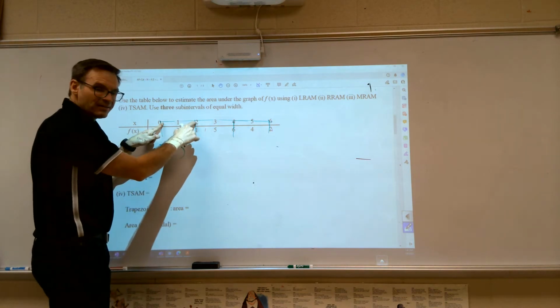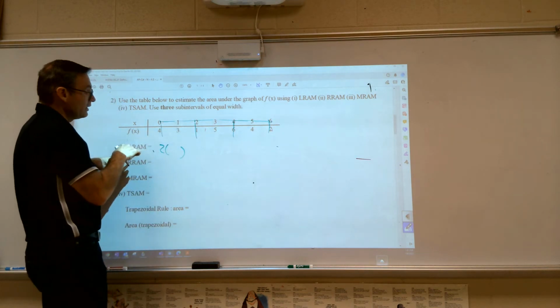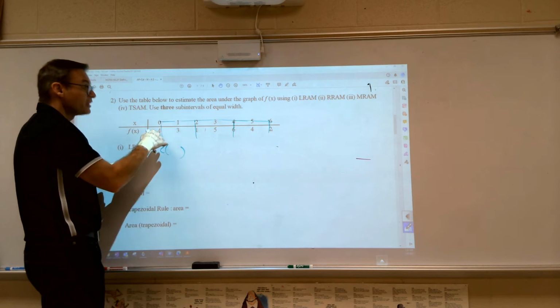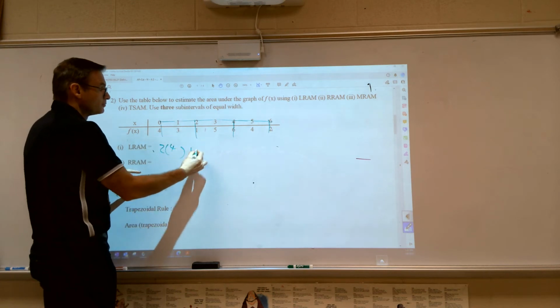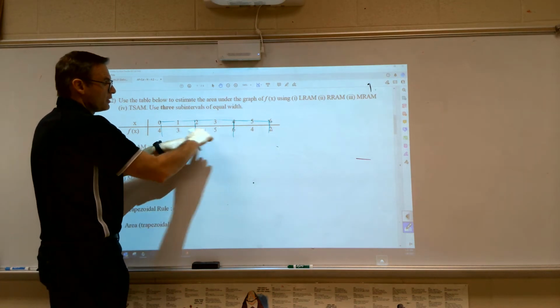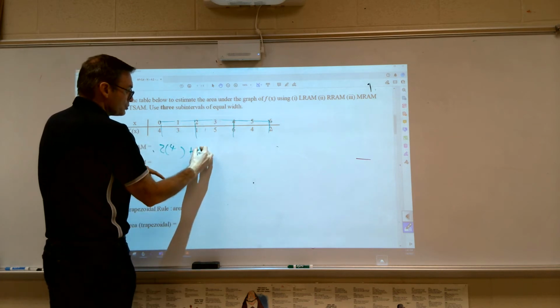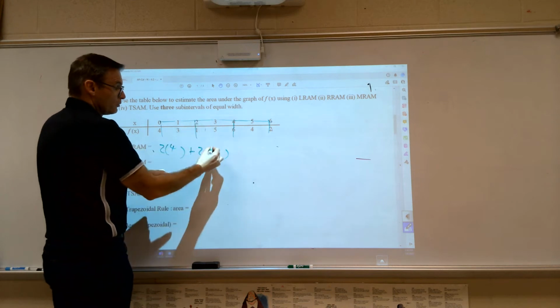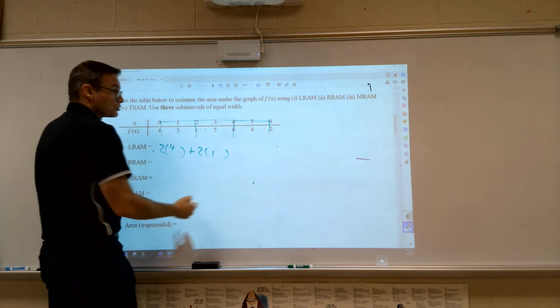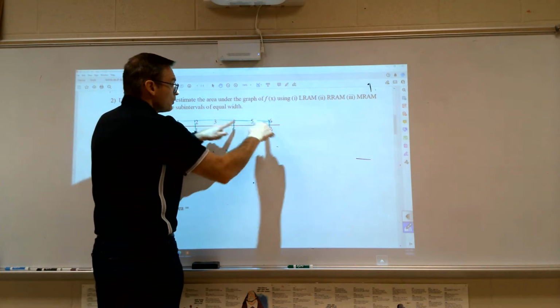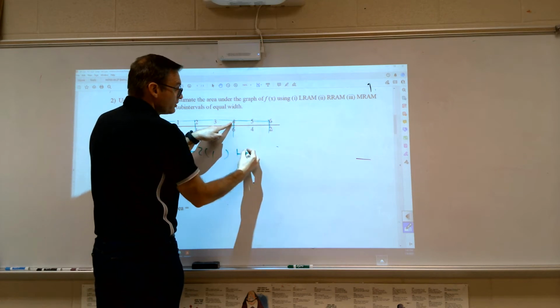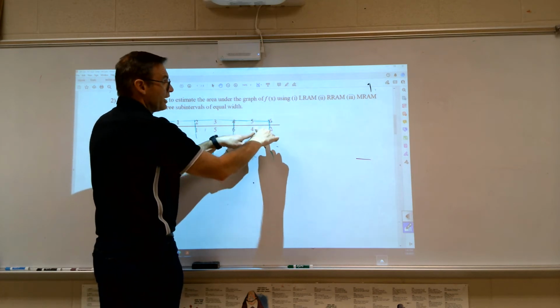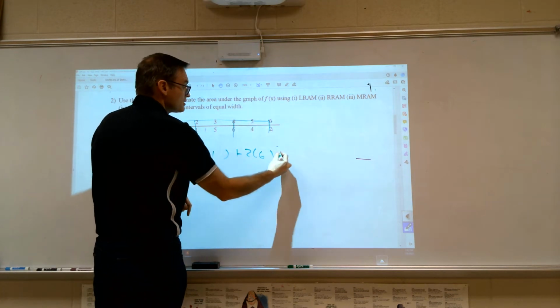Then I get my height from the left y value, which is 4. On the second rectangle, the width is still 2, and I get my height from the left part of the rectangle, which is 1. On this one, the width is 2, and I get my height from the left, which is 6.